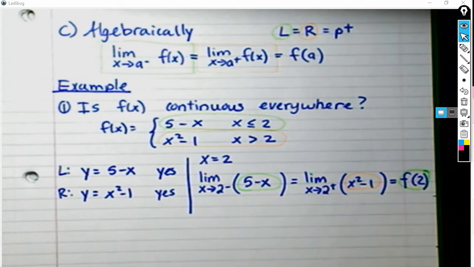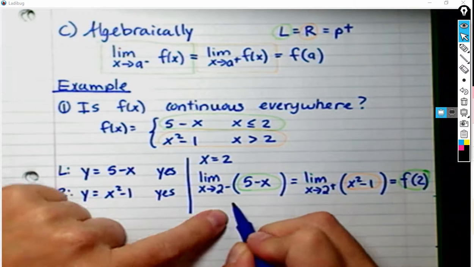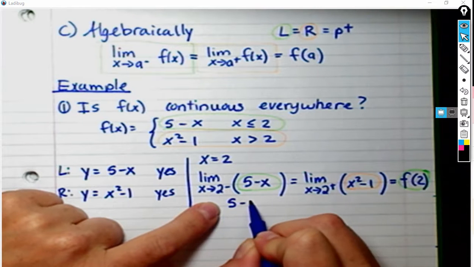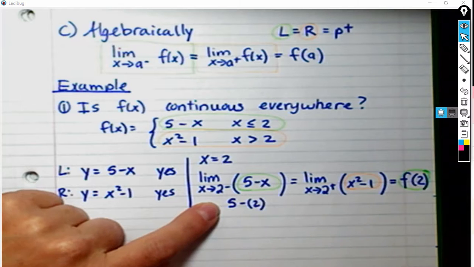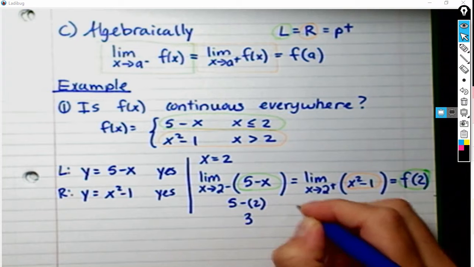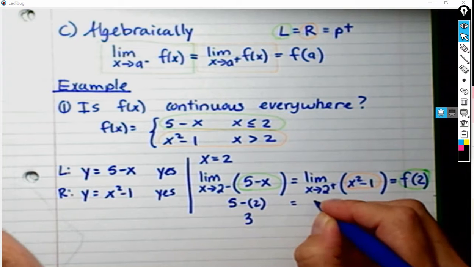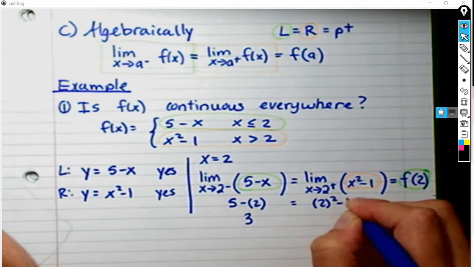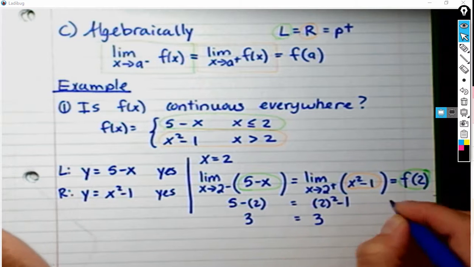All right, evaluate. Remember how you just summarized how to evaluate limits? Just evaluate. So we get 3. 3.